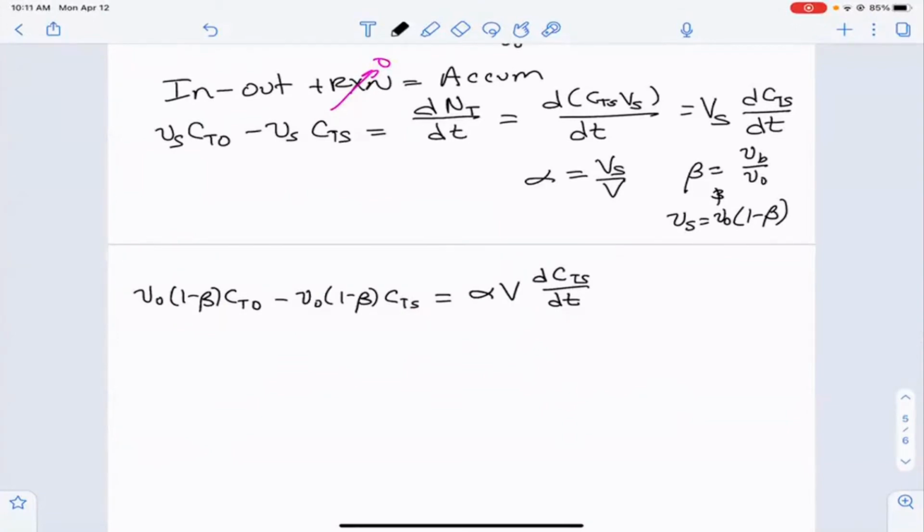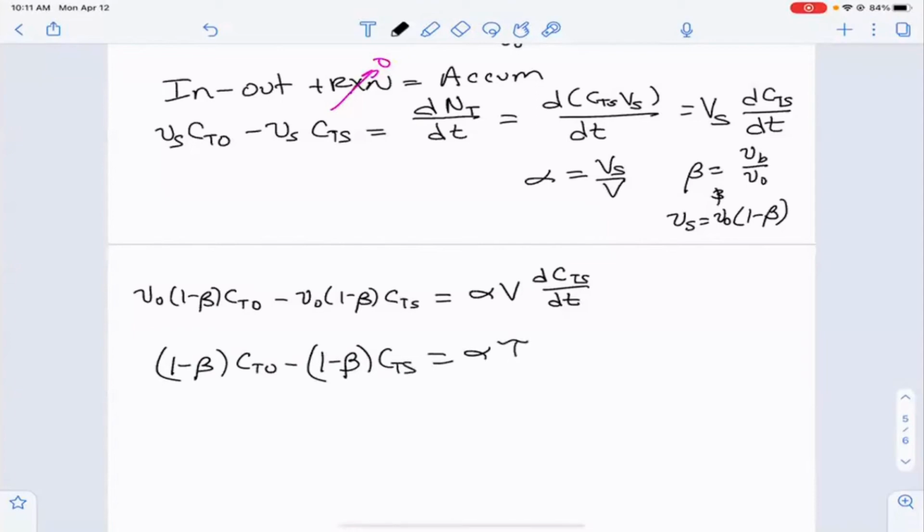One of the things I can do here is divide through by V0. And when you do that, you get 1 minus beta times CT0 minus 1 minus beta times CTS equals alpha times tau times dCTS/dt.